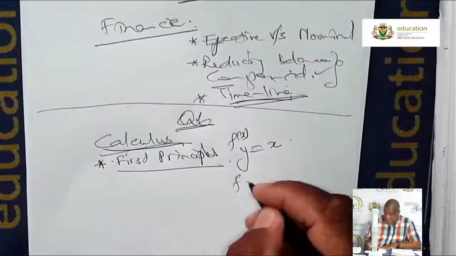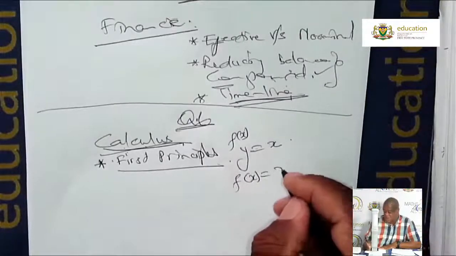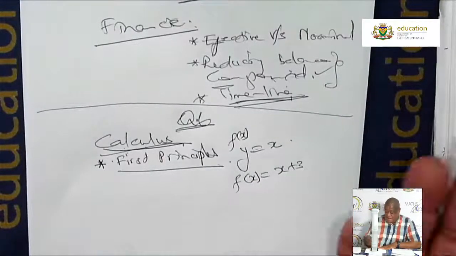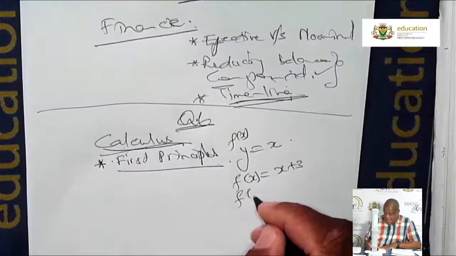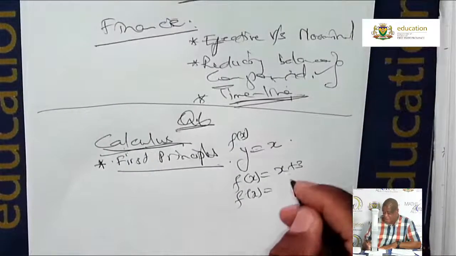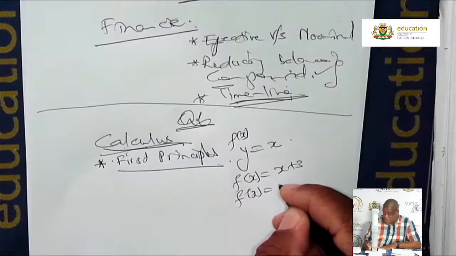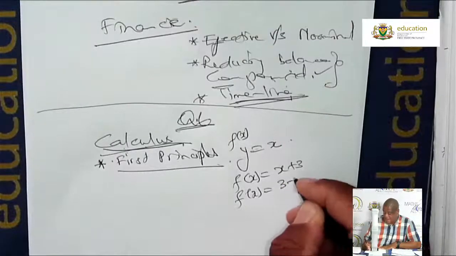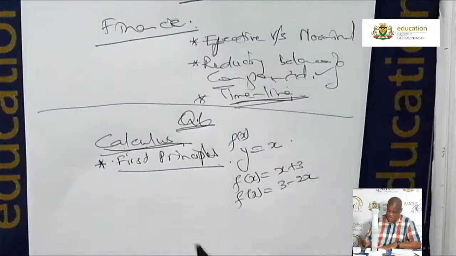They may say f of x equal to x plus 3. It's always linear. If they want to trick you, they may use f of x equal to 3 minus 2x.